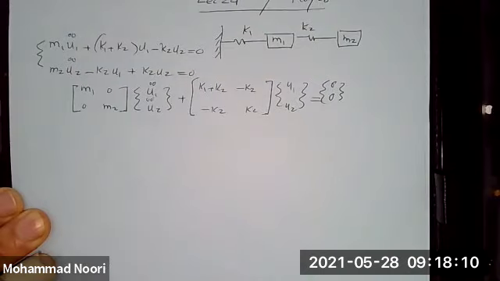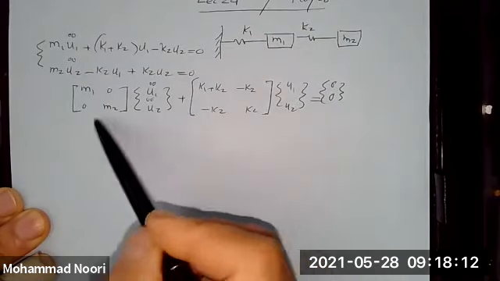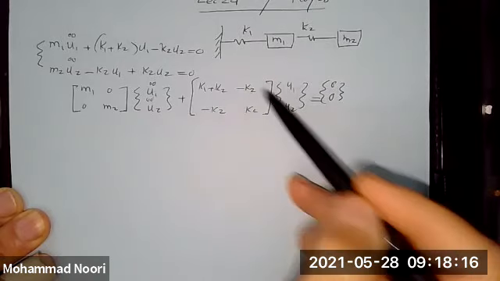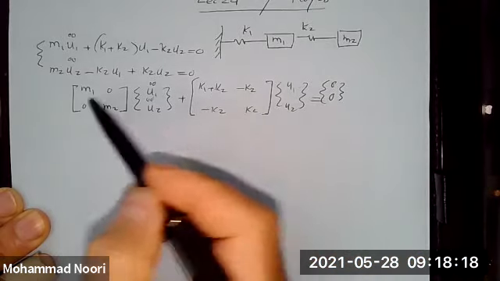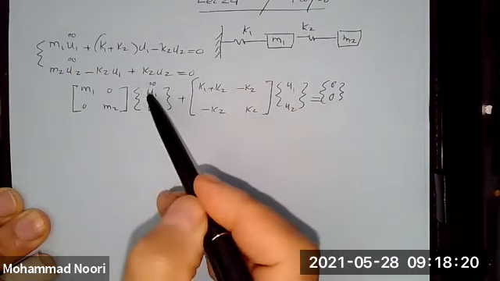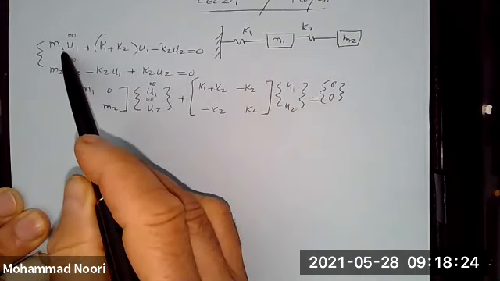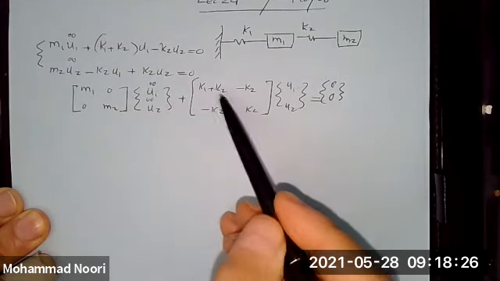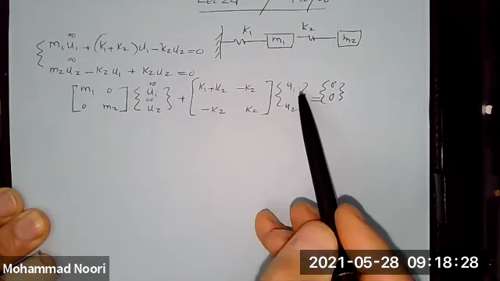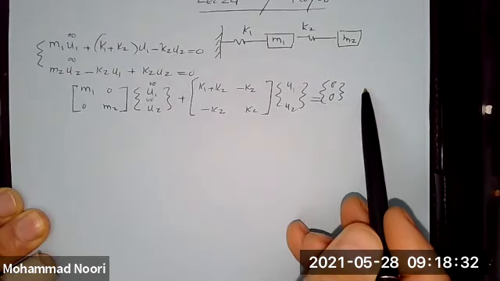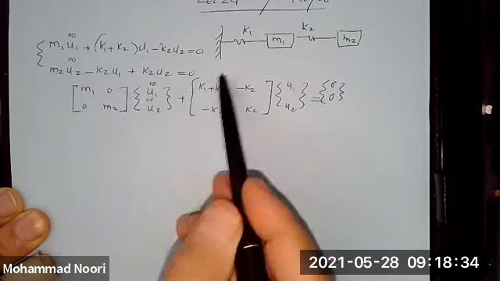If you remember from your matrices, this matrix product means this times that minus this times that. So this means M1 U1 double dot plus 0 times U2. So that's what this becomes: (K1 plus K2) times U1 minus K2 times U2 is equal to 0. Same thing with the second equation.